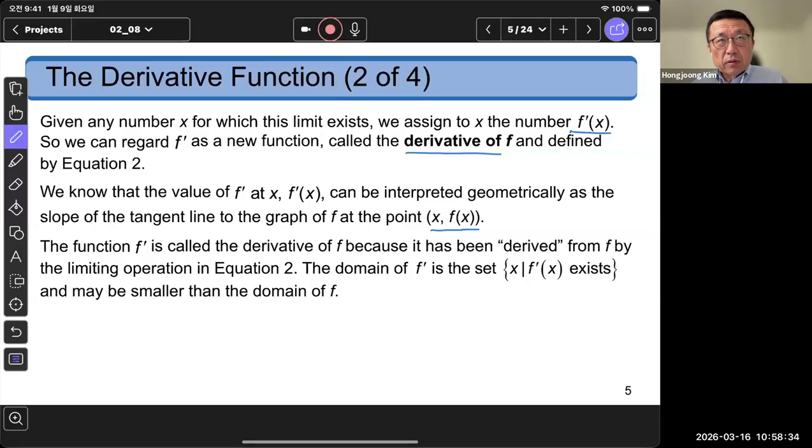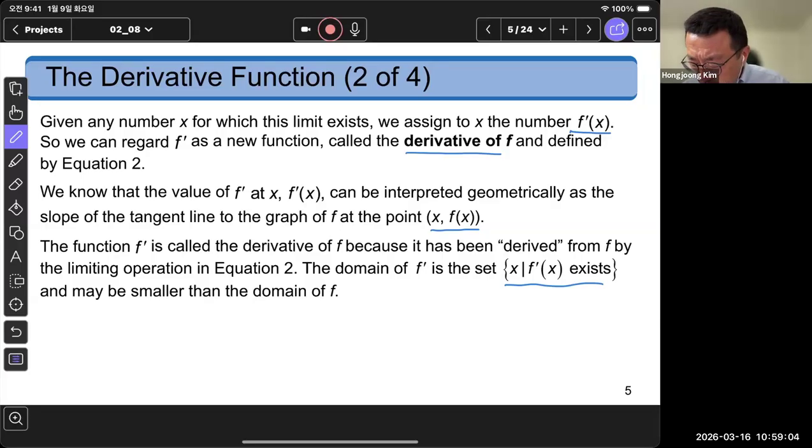And this is a new function, and the domain of f prime will be the set of all the x values such that f prime of x exists. So as long as f prime exists, then that x will be regarded as being in the domain of f prime.